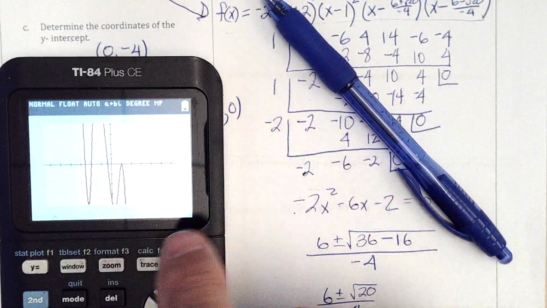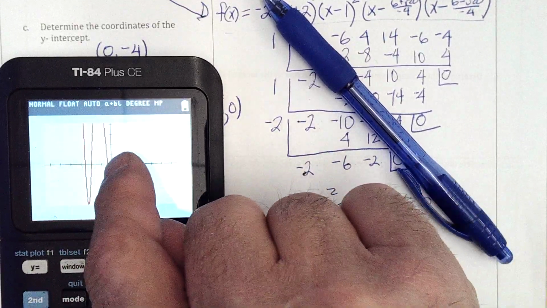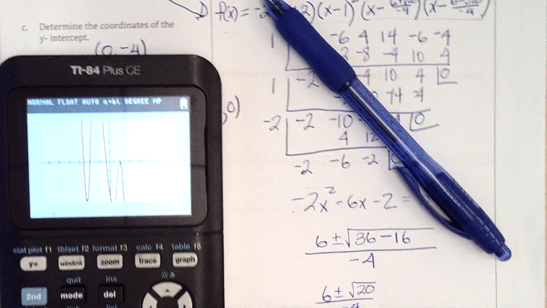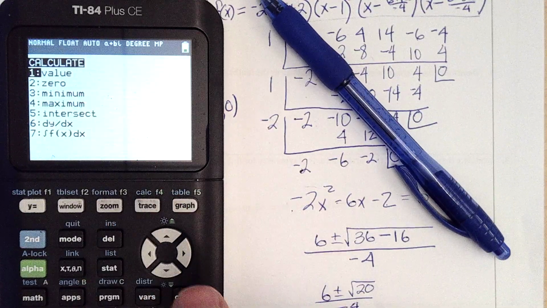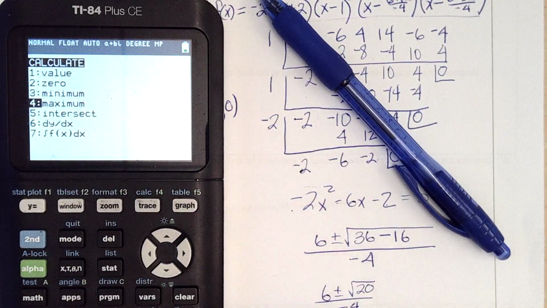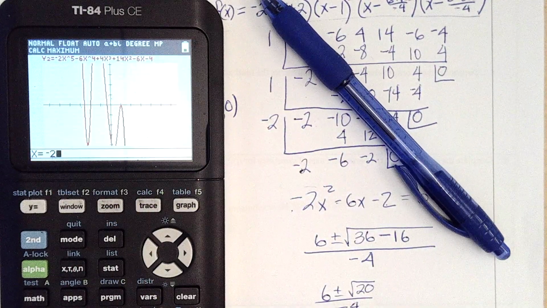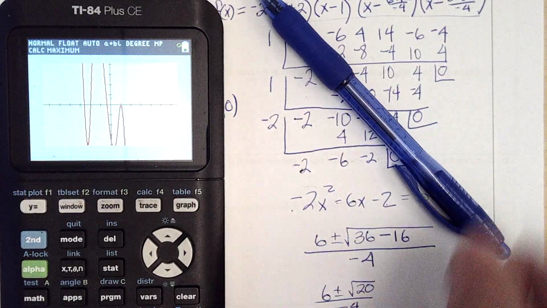On the calculator, we want to say it's a 0, somewhere between -2 and 0, a maximum. So you do that by doing second, calculate a maximum that's somewhere between -2 and 0, and it's about -1.